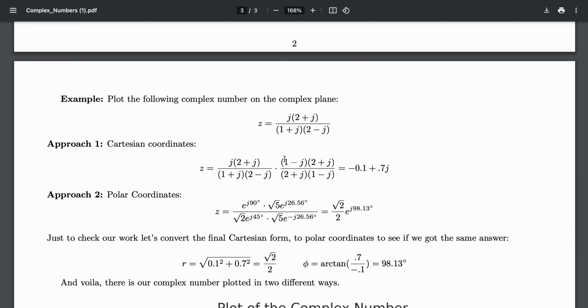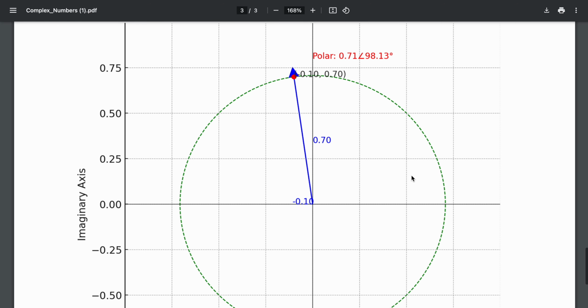So I skipped a bunch of the algebra, but I can promise you that this is not the preferred method to solve a problem like this. And we'll see in the example below why the polar form of the complex number makes a problem like this much easier to solve. But what we see is when we do all the simplification, we get this as our final answer, which we can plot down here.